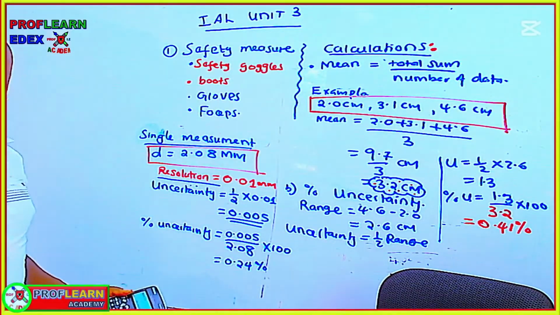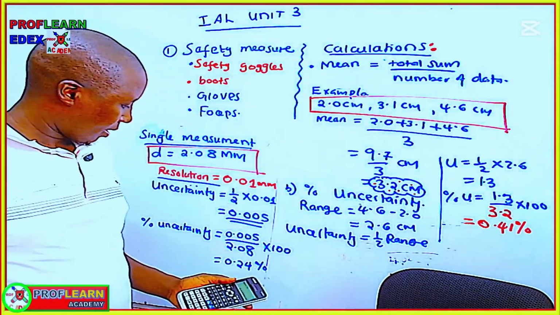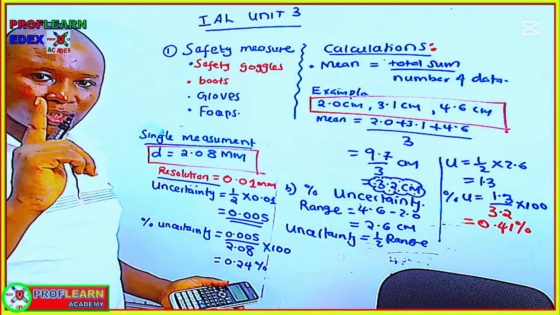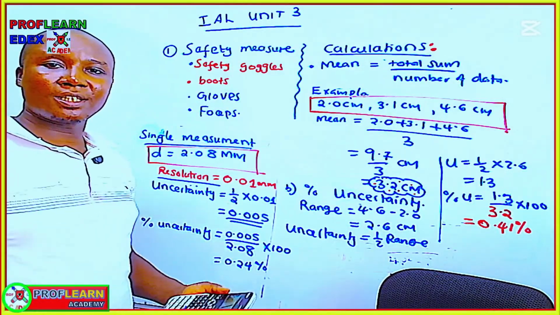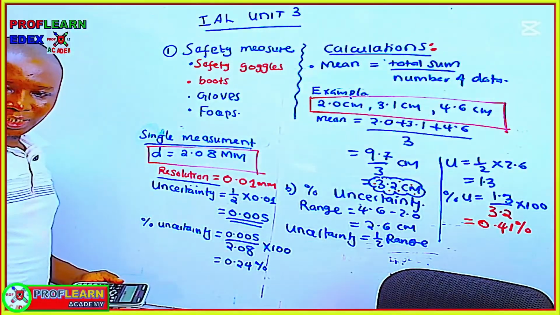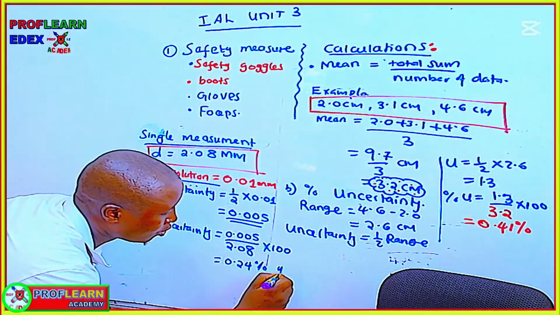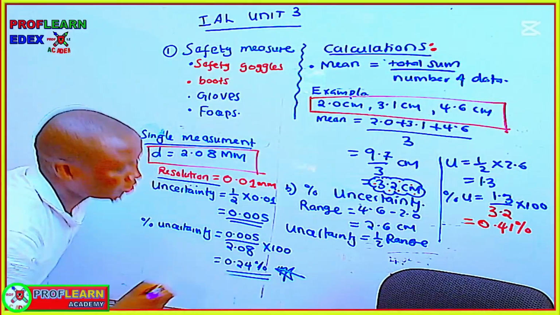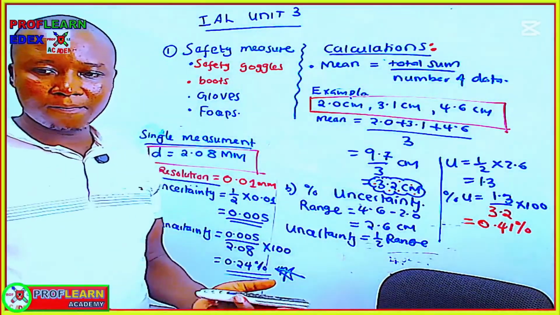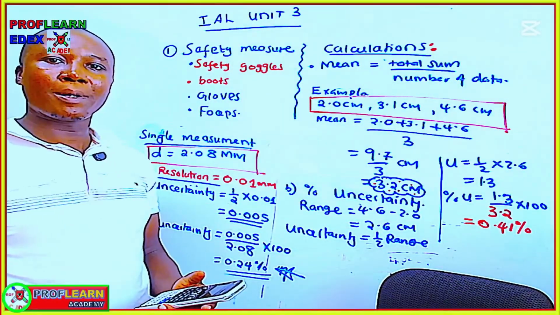And we have said that anytime you are writing percentage uncertainty, it has to be to 2 significant figures or to 1 significant figure. So make sure you write it always in 2 significant figures or 1 significant figure. Otherwise, if you don't do that, there will be an international crisis when your paper is being marked.